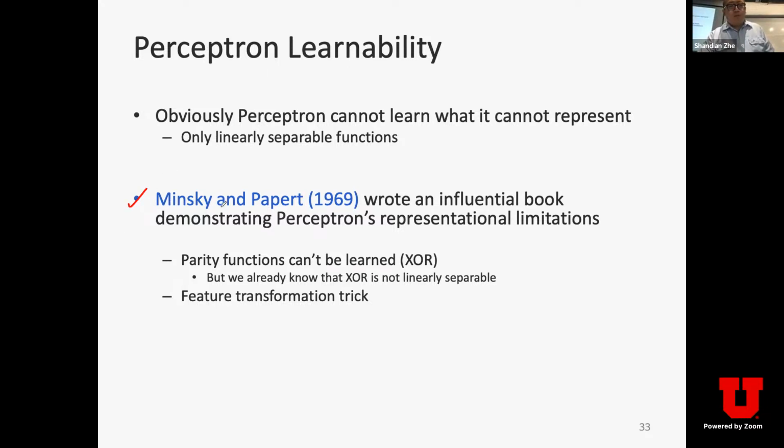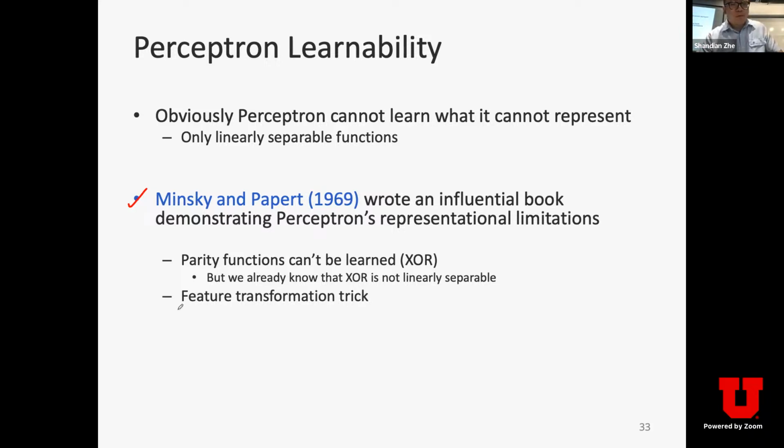Minsky and Papert in 1969 wrote an influential book talking about the limitation of linear classifiers. The perceptron, of course, is one instance of a linear classifier learning algorithm. In that book, they proposed the so-called parity function and showed that the parity function cannot be represented by linear classifiers, so it cannot be learned by perceptrons.